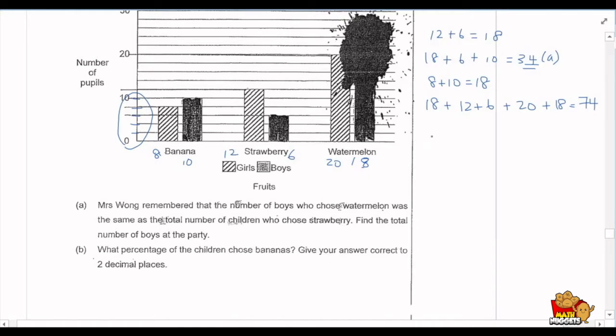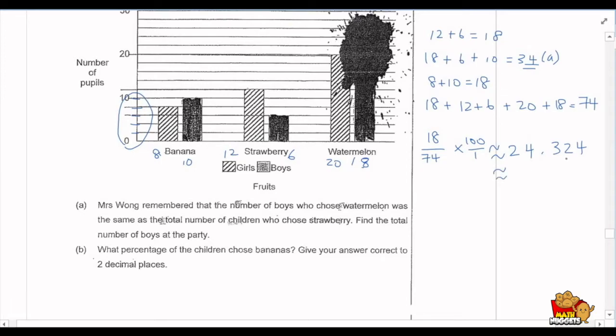So bananas would be 18 out of the total children, and for percentage, we multiply by 100. So then you press your calculator. I should write approximately equals. So 18 out of 74 times 100, which gives me 24.324 on my calculator, 3 decimal places.